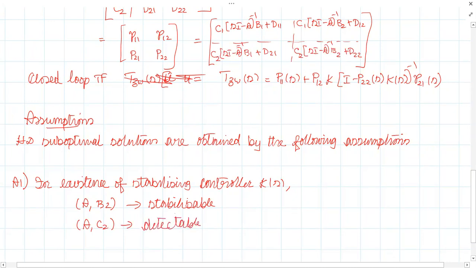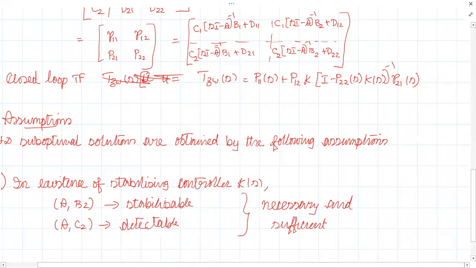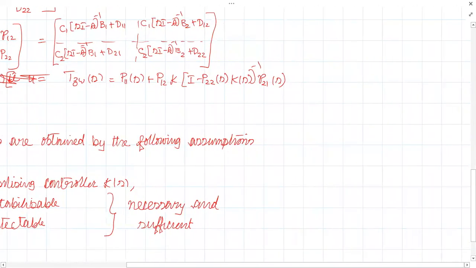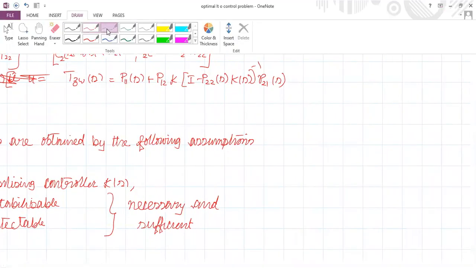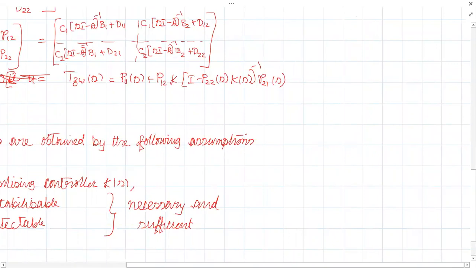What do you mean by stabilizability and detectability? Any idea? These two are necessary and sufficient. See, what do you mean by controllability and observability? Controllability means, suppose you are standing here, this is the initial state. You want to move this state to a final state xf in finite time.